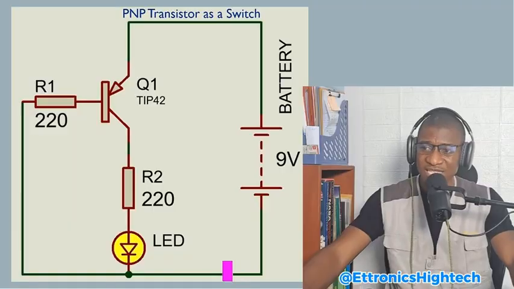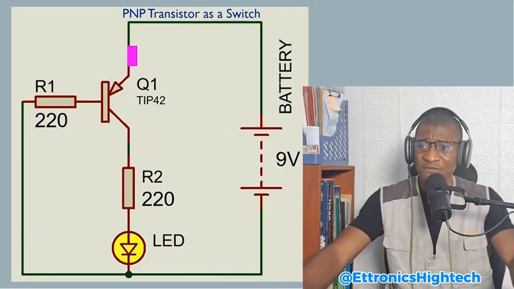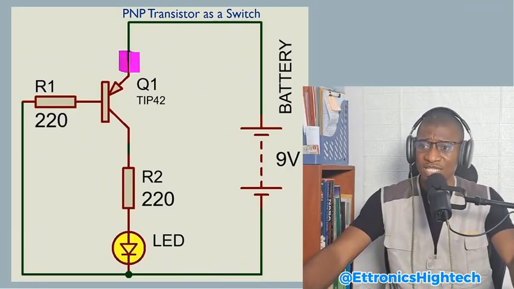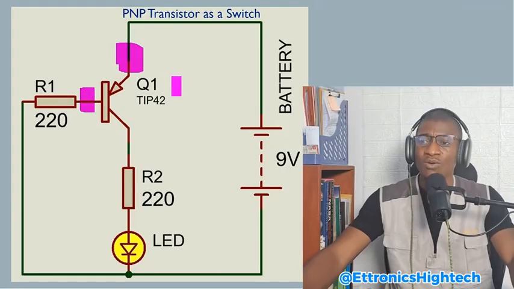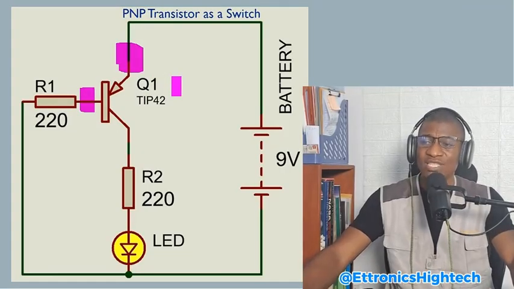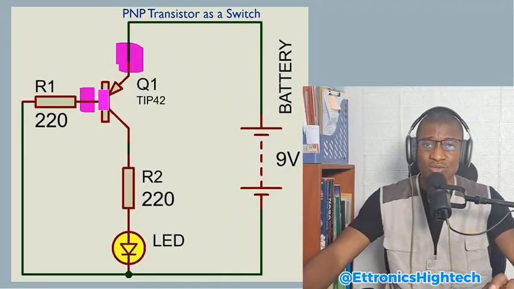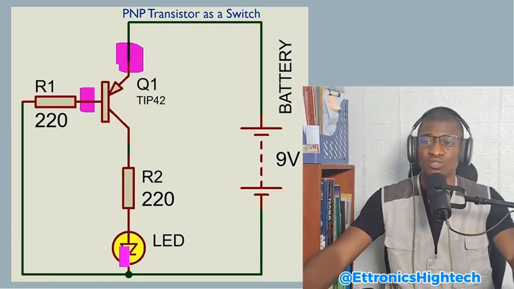So what this means is that if we check the voltage difference between this emitter here and the base here, the result must be at least 0.6 volts for this transistor to be biased to saturation, for collector current to flow enough to drive this LED.